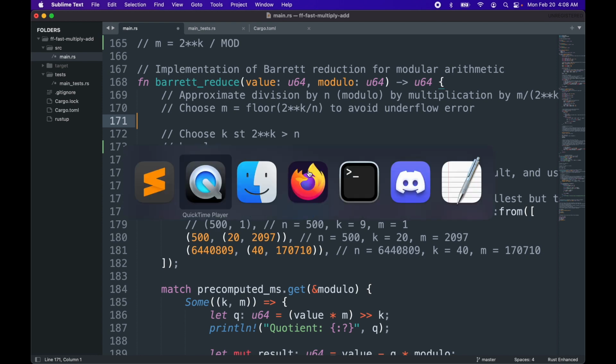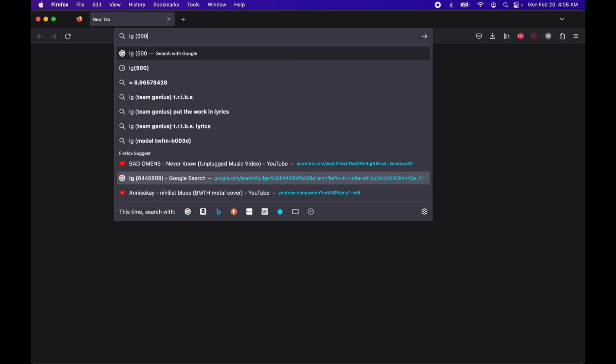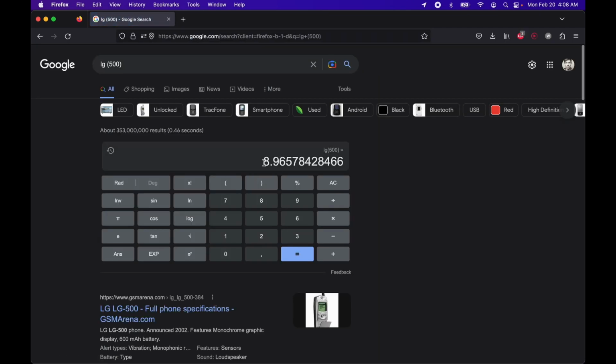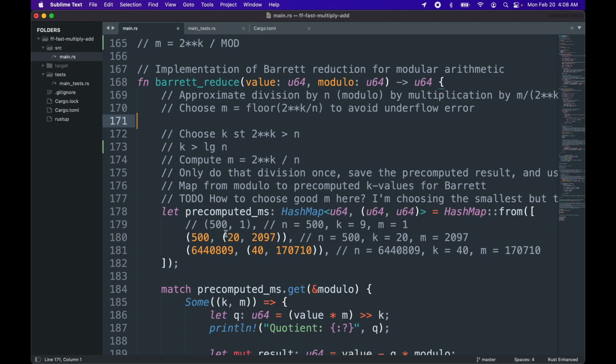Okay, this sort of matters. I want to get this right. lg of 500 gets me this. So I could say if my k is 9, then I can compute my m, right? I have my k, I have my n, I can get my m. But I instead chose to do a larger one, 20, and this was something that I'm not clear on.